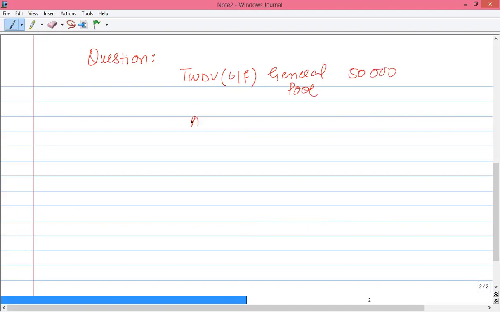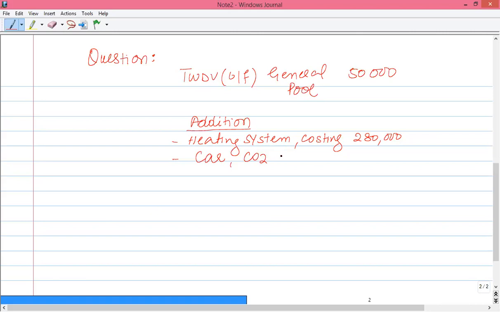And now we have an addition of an item, a heating system that is integral to a building, costing us 280,000 pounds. Plus we have purchased a car having a CO2 rate of 140 grams per kilometer, costing 100,000 pounds. Now calculate the capital allowances.